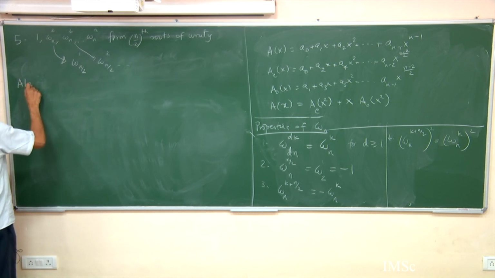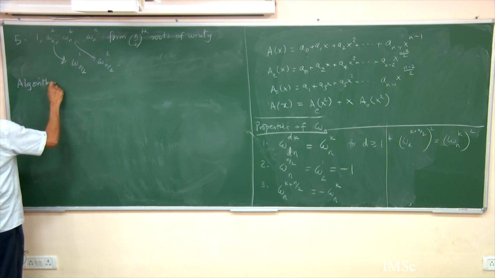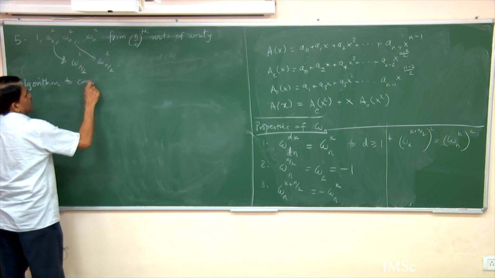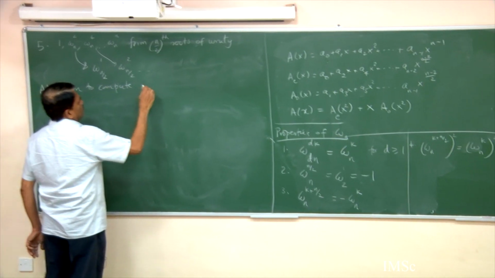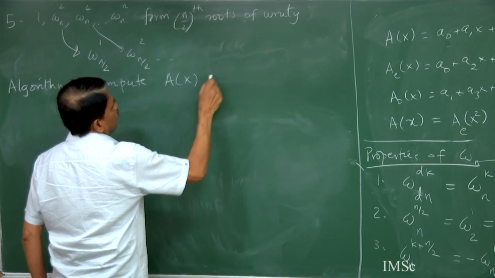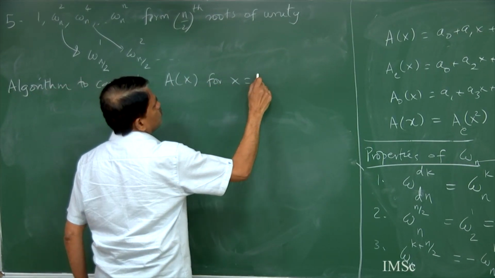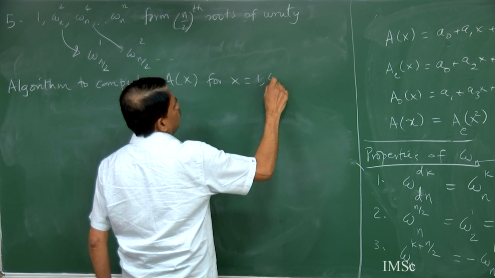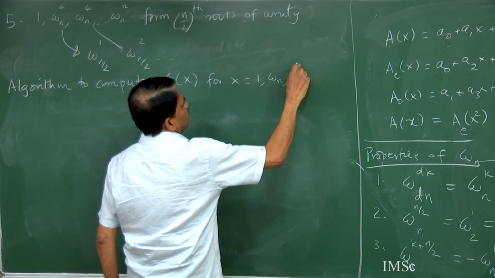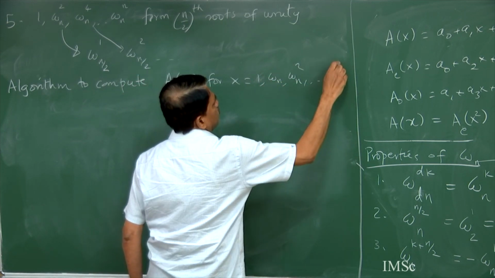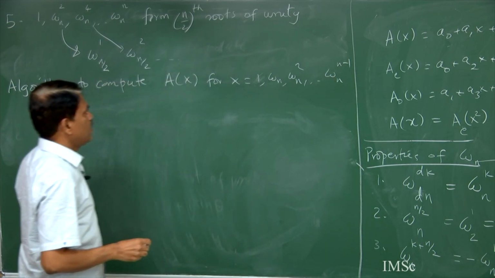So the algorithm to compute A(x) for x equal to 1, omega n. This is what I want.